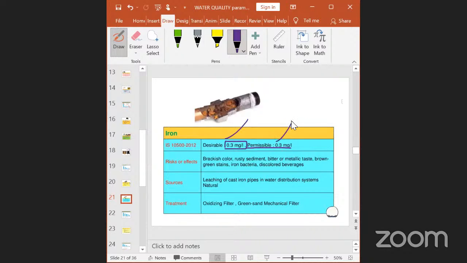In case of excessive iron in the drinking water, the effects are blackish color, rusty sediment, bitter or metallic taste, brown green stains, iron bacteria and discolored beverages. Sources are leaching of cast iron pipes in the water distribution systems and natural sources. The treatment is oxidation of the iron.